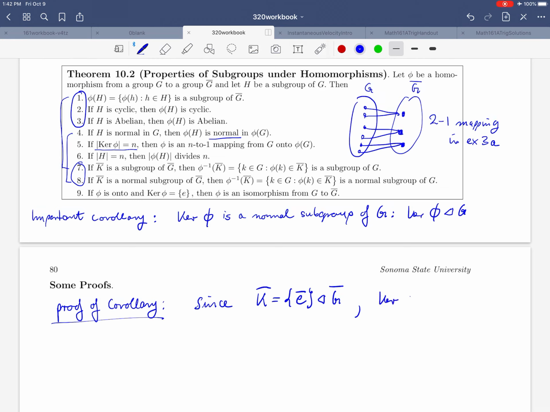So the kernel of phi is the inverse image of this subgroup K bar, and therefore it's a normal subgroup in G. And that's really it. So this is by Theorem 10.2, property 8 in our properties list.